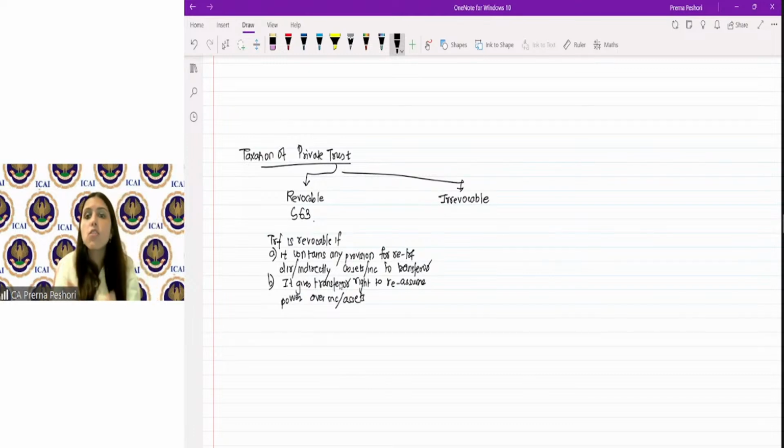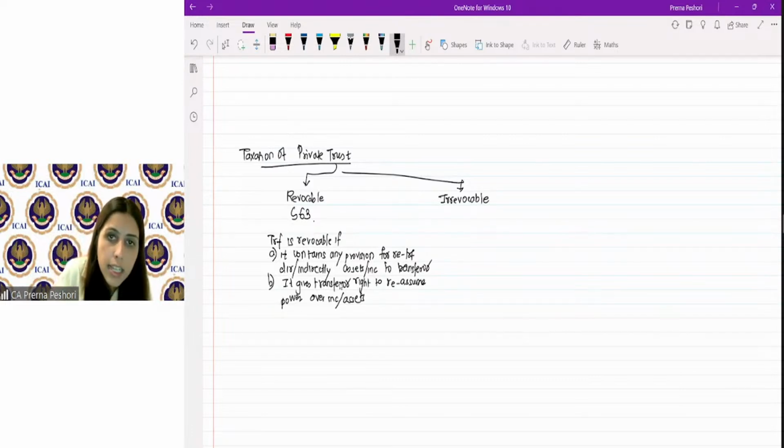So basically, where the transferor of the asset has retained the power over the income or the assets that he has transferred to the trust, or it has any provision in the agreement that he will get back the assets or the income, that is a revocable trust under section 63.